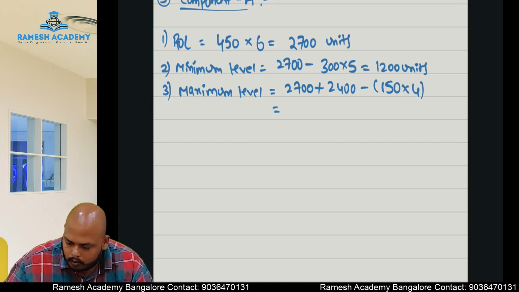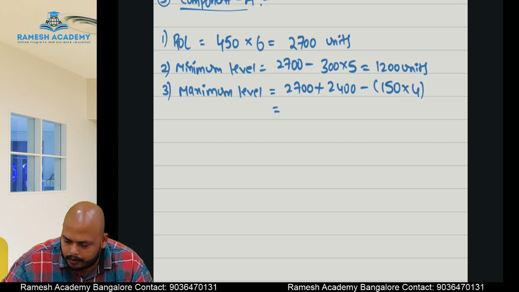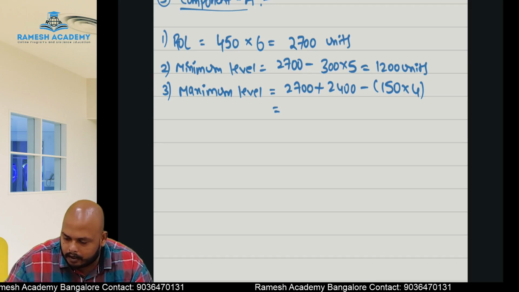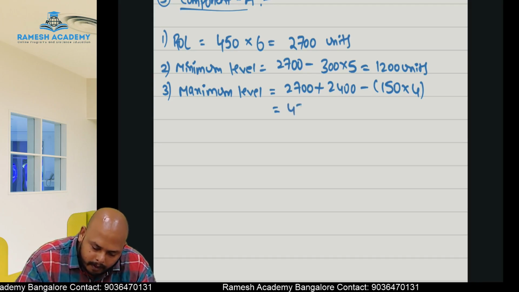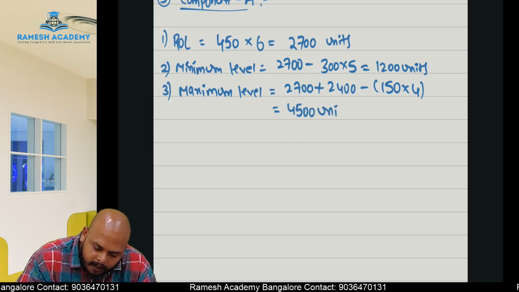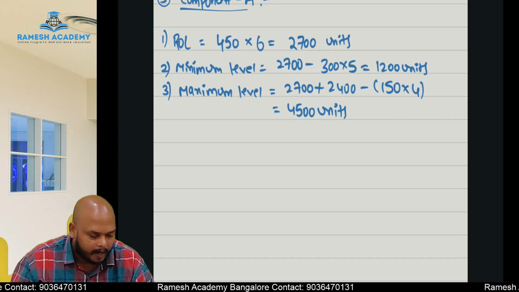So 2700 plus 2400 minus 600 is 4500 units. This is the maximum level.